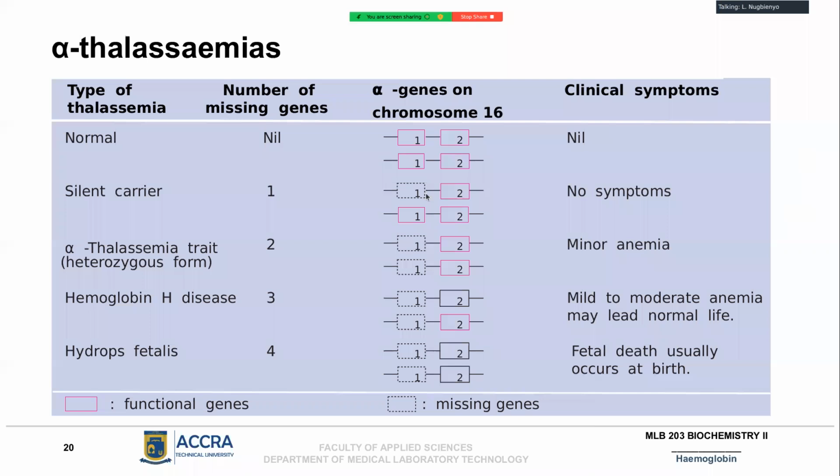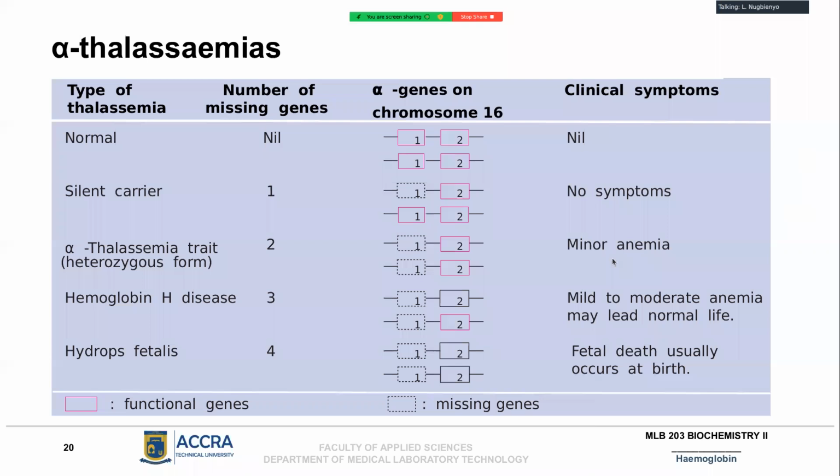That will give you no symptom. But you begin to have some minor anemia when you have, say, 2 genes that are missing on the same allele. You have some minor anemia.